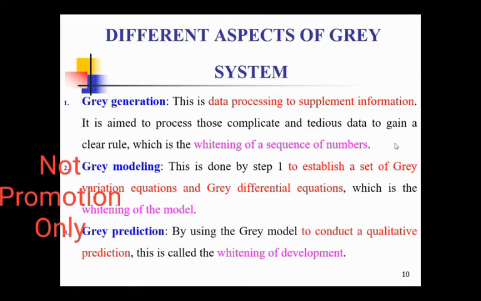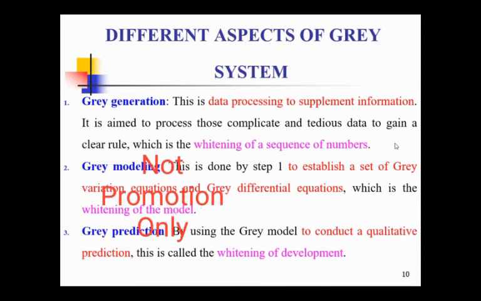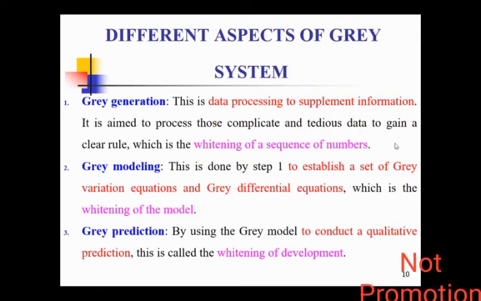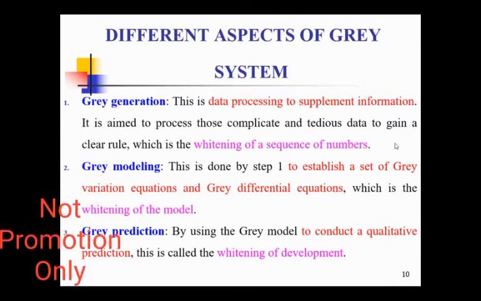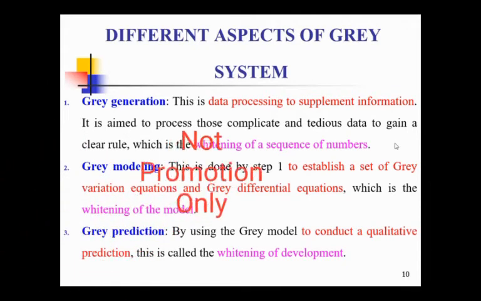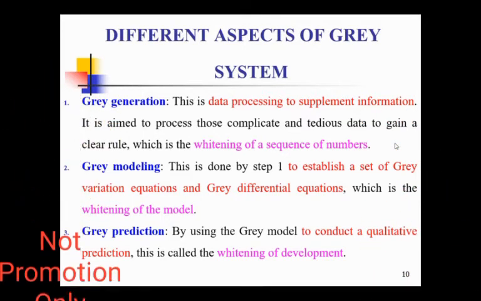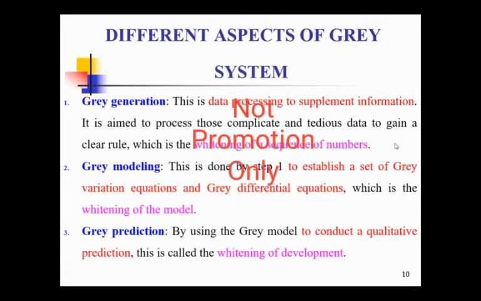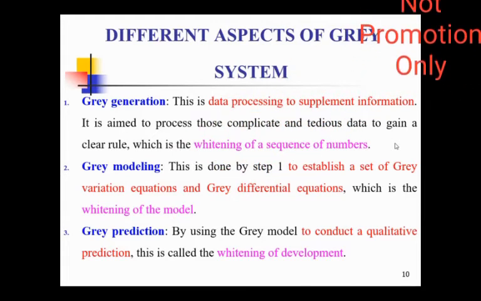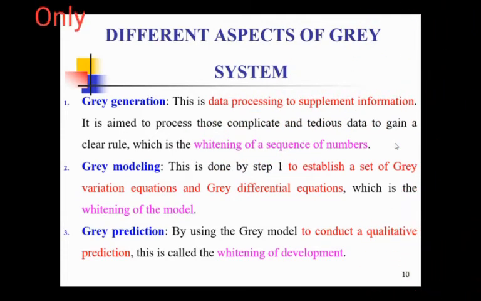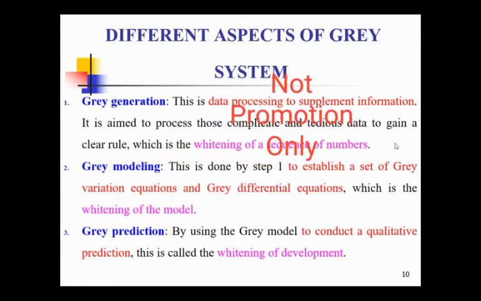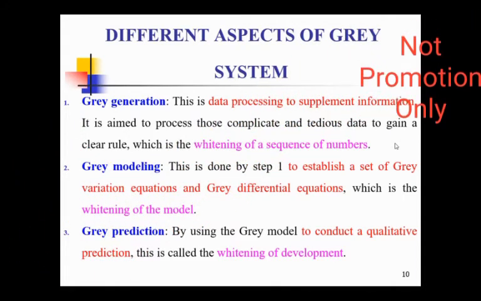Then comes the gray prediction. By using this gray model, you are going to conduct a qualitative prediction. The purpose of this is to whiten the data. Whatever we carry out, our ultimate aim is to convert the gray system into white, because these gray systems have partial information.